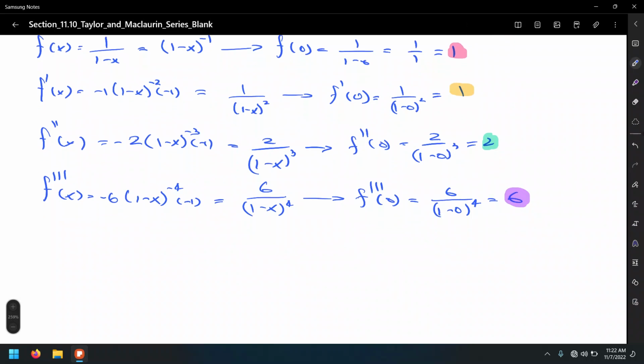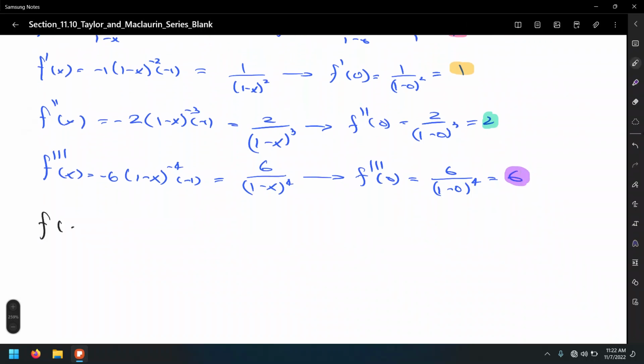Alright, so let's start with the formula. f of x equals the sum from n equals 0 to infinity of f, the nth derivative, in this case evaluated at 0 because it's a Maclaurin series, divided by n factorial, x to the n power. So we're going to start expanding, in this case 4 terms, up to the third derivative.